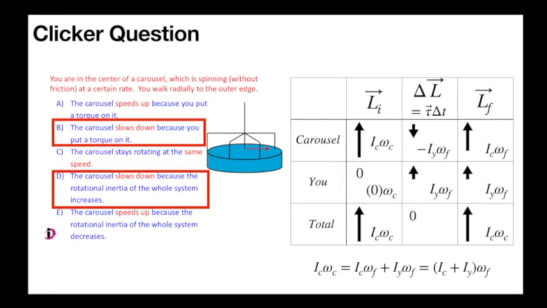As you walk forward, you're going to start spinning with it. And if you had ice skates on and you tried to do that, you wouldn't be able to stay at the same point on the carousel. So I know it might be hard to visualize, but when you walk forward, you do, in fact, have to put some sort of sideways force that will be perpendicular and be the normal torque-causing force that we expect.